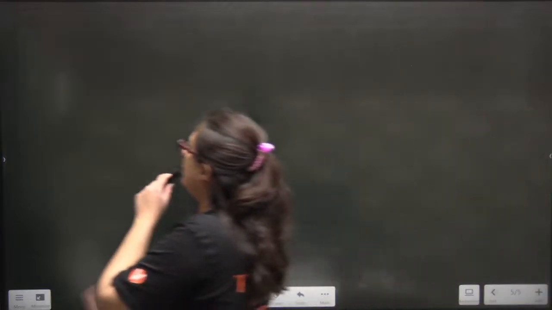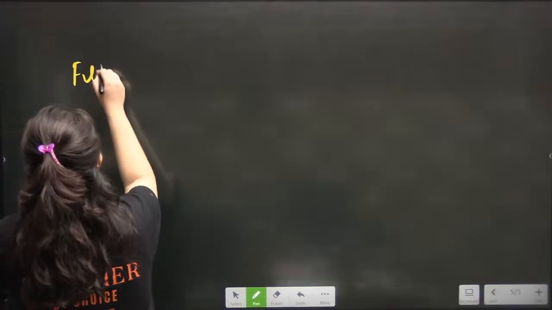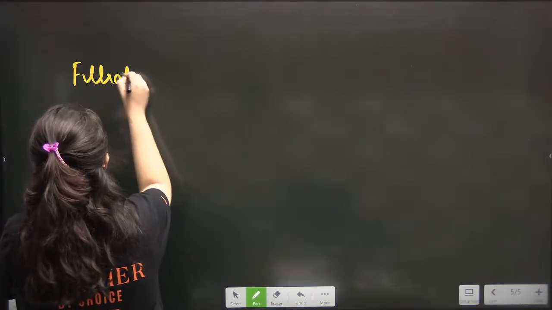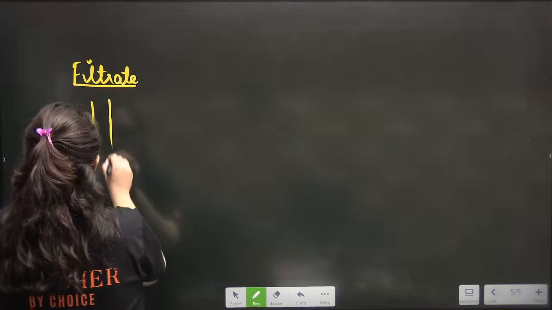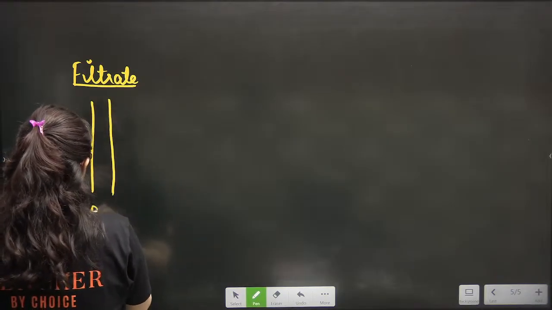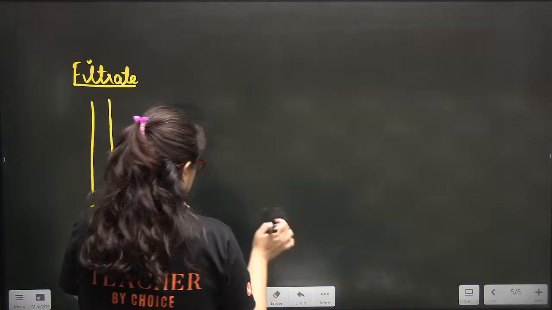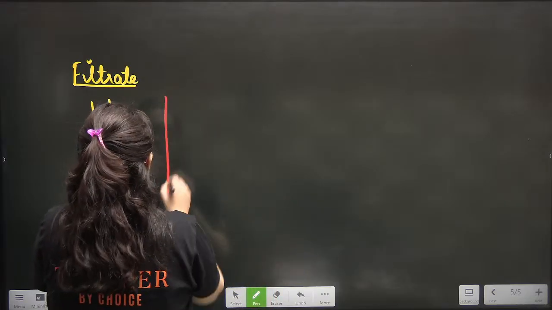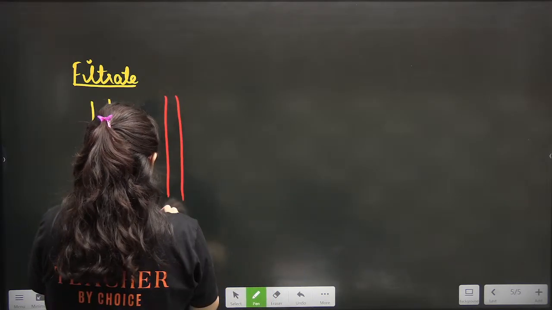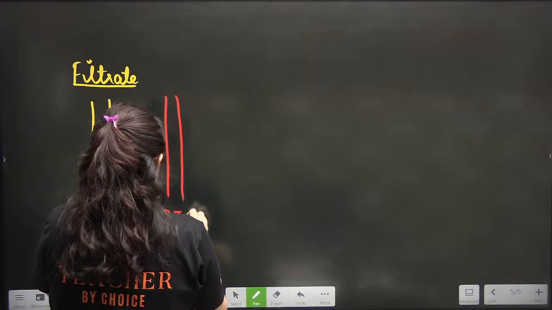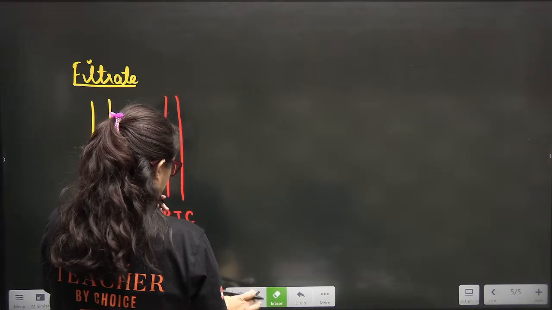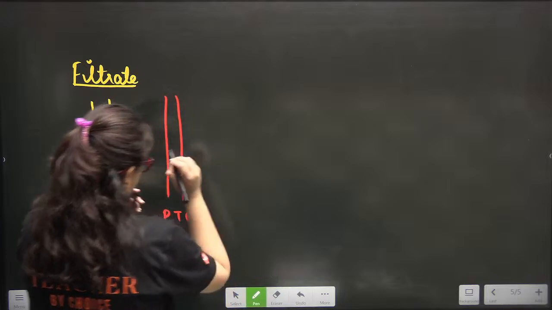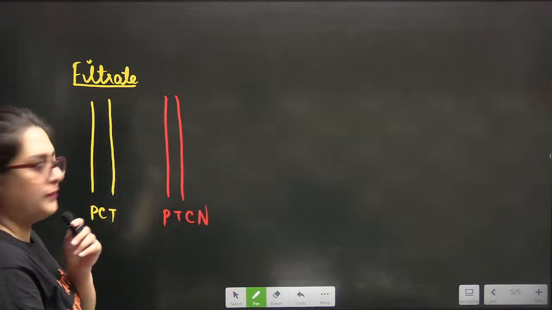So whatever the filtrate obtained, this is your PCT and this is your DCT.